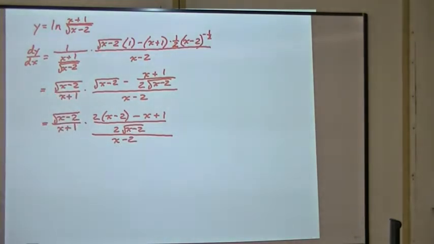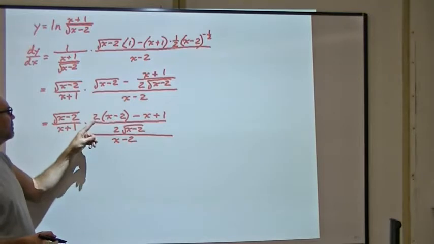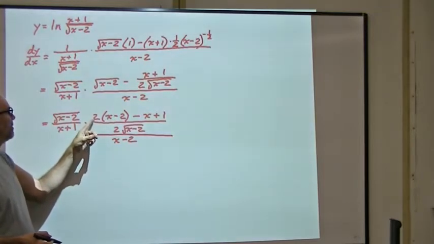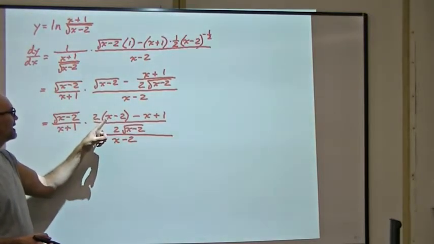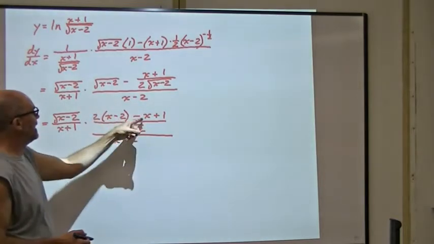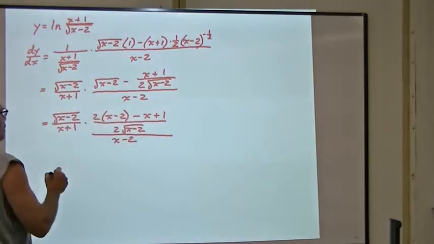So this is getting to be kind of a mess, but we're going to clean it up now. So this becomes 2x minus 4 minus x plus 1.